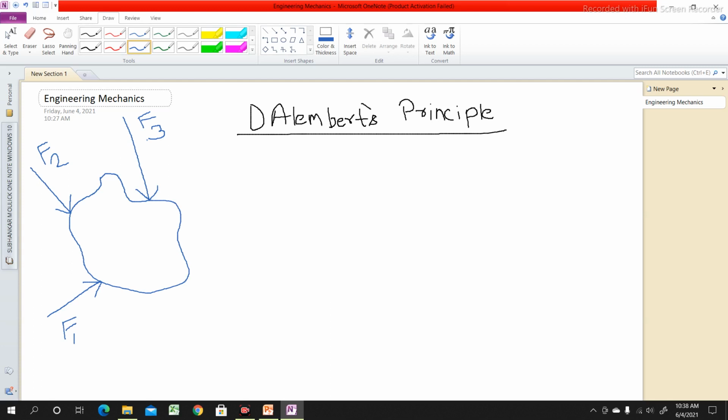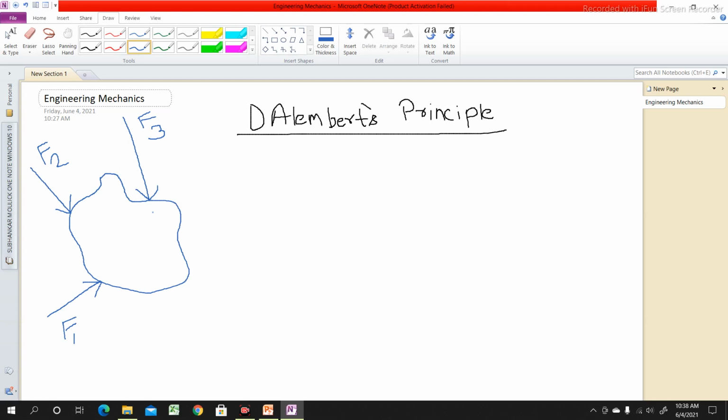Now the resultant of these three forces, F1, F2, F3, which is acting on the body, will cause the body to move along its direction with some velocity, with some acceleration, with some speed.